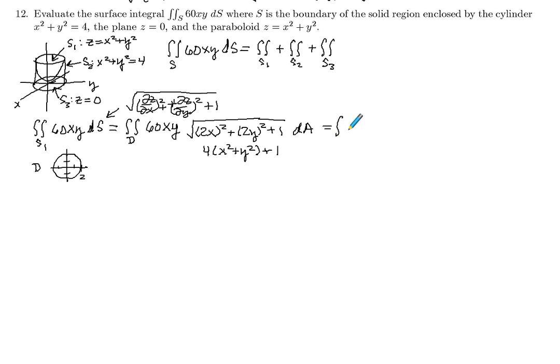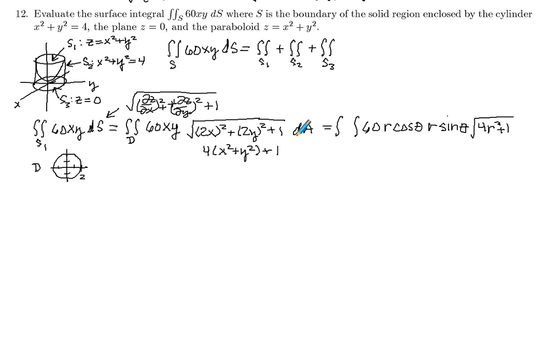And this will be the integral. We've got a 60. Our x is r cosine theta. Okay, right here I'm putting in r cosine theta and r sine theta for x and y. And then this is going to be the square root of 4r squared plus 1.